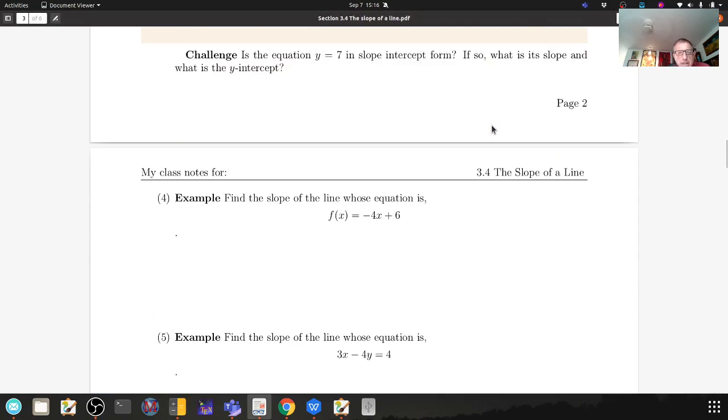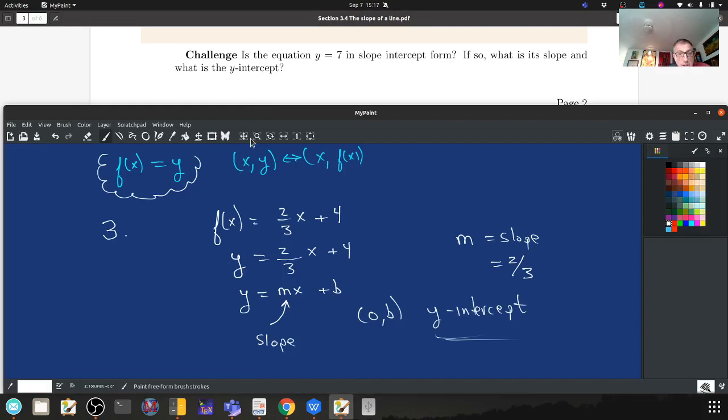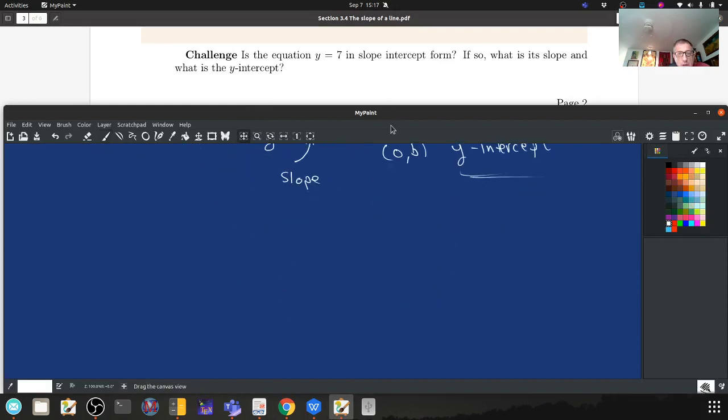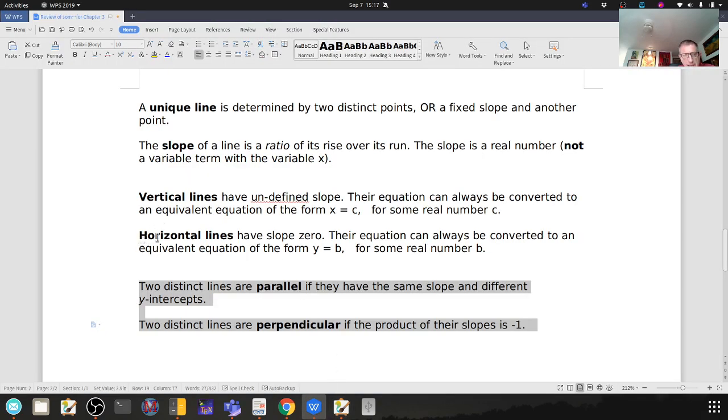So the question is, is the equation y is equal to 7 in slope-intercept form? If so, what is its slope and what is its y-intercept? Let's think about that. That's a good challenge question for you. Y is equal to 7. Well, if we go over here, I actually say horizontal lines have zero slope.